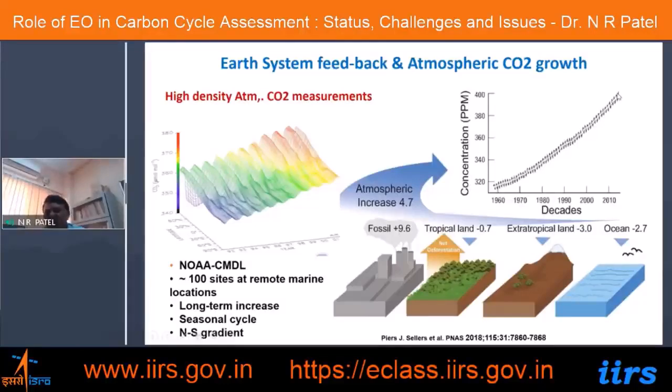As of now, it has already reached 415 to 420 ppm. Before 1960 it was cyclic in nature, with no much increase in the atmospheric concentration of CO2.